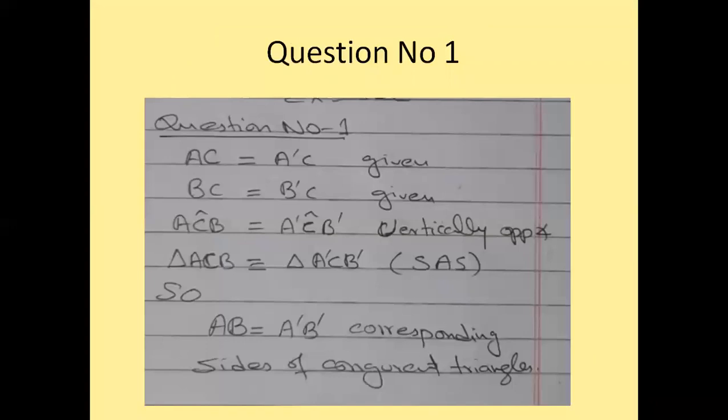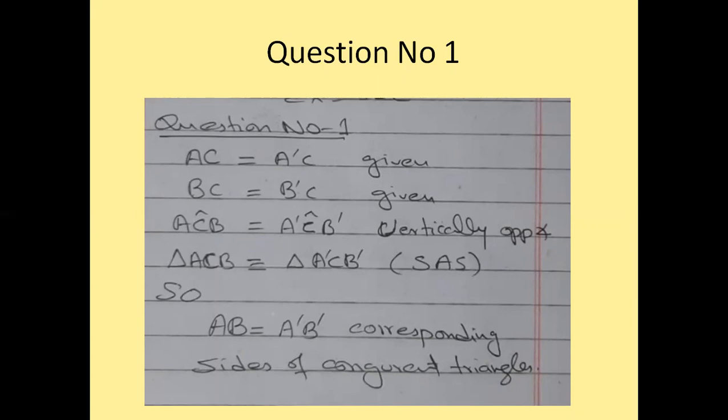So here we go. AC is equal to A prime C, that is given in the question. BC is equal to B prime C, that is also given in the question. Angle ACB is equal to angle A prime C B prime because they are vertically opposite angles. So triangle ACB will be congruent to triangle A prime C B prime.